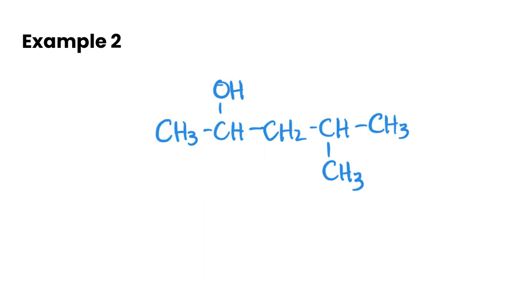Example 2. Again, we recognize we've got an OH group here, so this is an alcohol again. Then we need to find the largest chain that's attached to this alcohol. We go 1, 2, 3, 4, and it doesn't matter if we go straight or down, both will give us 5. We have another group attached to the main chain, so I'm going to highlight that one in red.